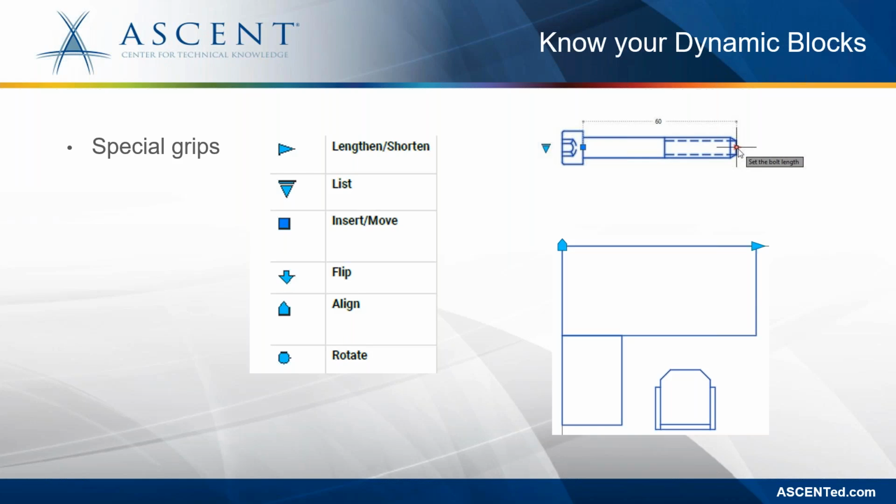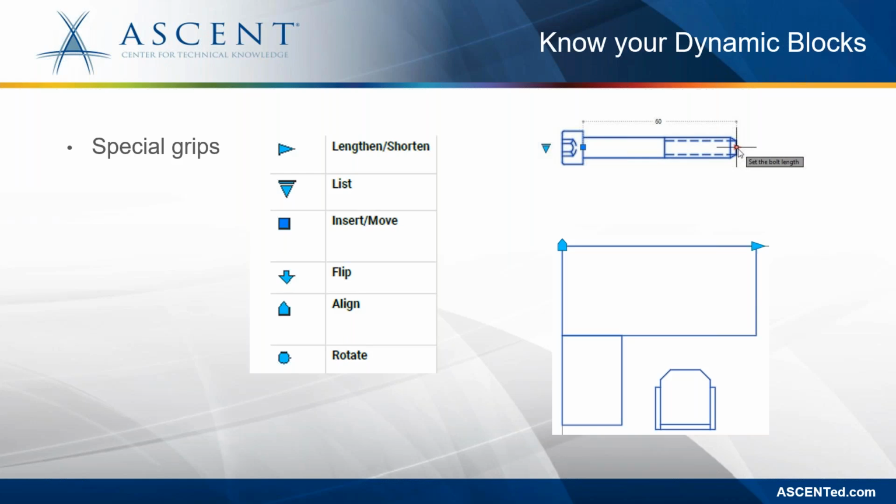Now, the available block grips are the lengthen and shorten grips. These are the arrow-looking grips. Then there's the list grip, which is also an arrow, but it has a bar at the top, and the align grip. Then the flip grip is there, and the insert move grip is there, which is a square one.